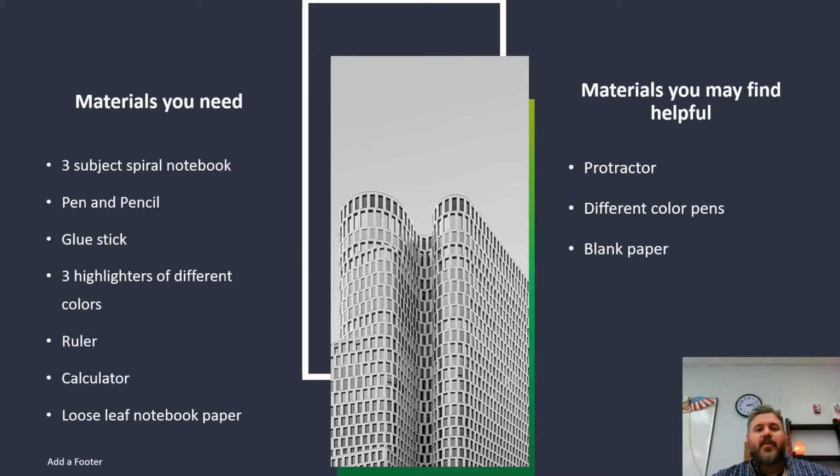So I would like a 3-subject spiral notebook, mainly because when we take notes, problem solving and critical thinking, problem solving being the mathy side and critical thinking being the more written side, are very different from one another. So I don't want those notes and that information mixing with one another. Having that 3-subject spiral notebook is really good, and then we can use the last section for specific skills and stuff.